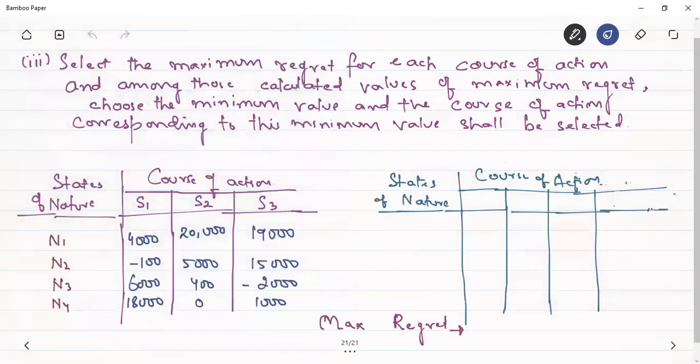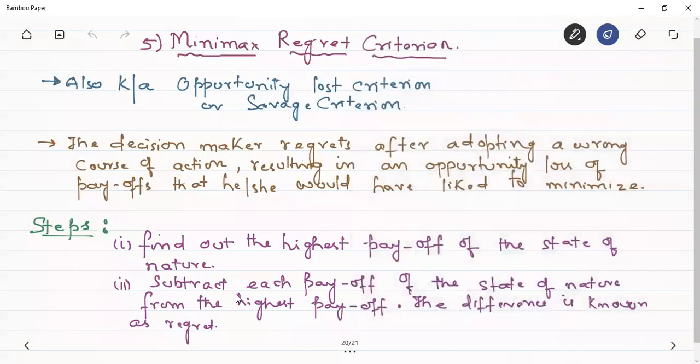So what is the next step here? We have written this state of nature table; this is the original matrix. We have to find the highest payoff for each state of nature, and after that subtract each payoff of the state of nature from that highest payoff.